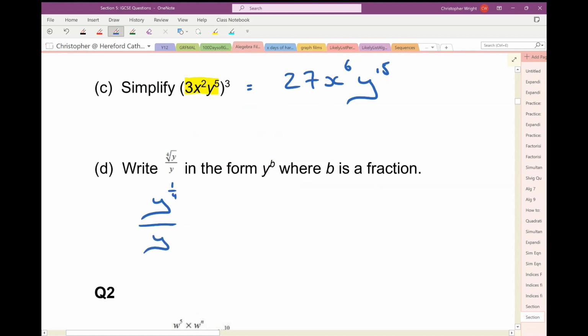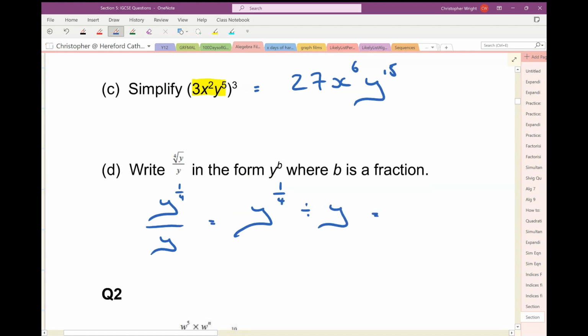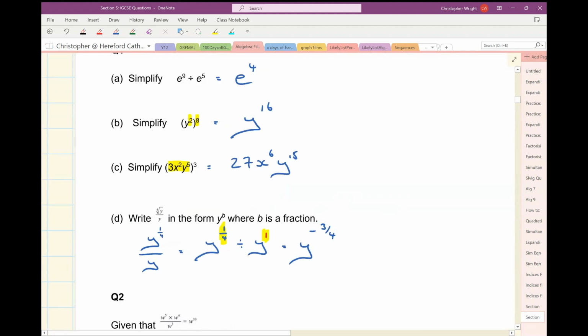Now, that means y to the power of a quarter divided by y. When I divide, I subtract the powers, and this is y to the power of 1 here. So my answer is going to be y to the power of a quarter divided by y to the power of 1 is y to the power of 1 quarter minus 1. So y to the power of minus 3 quarters. And that is question 1 complete.